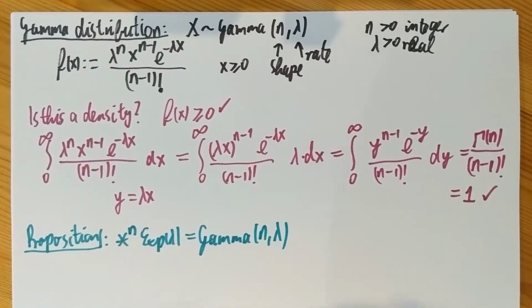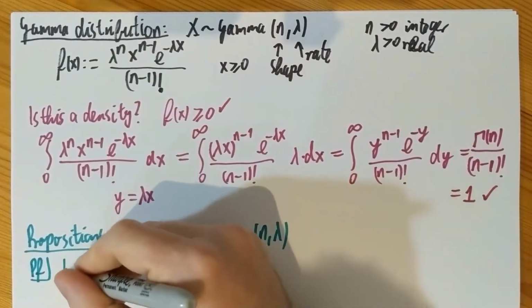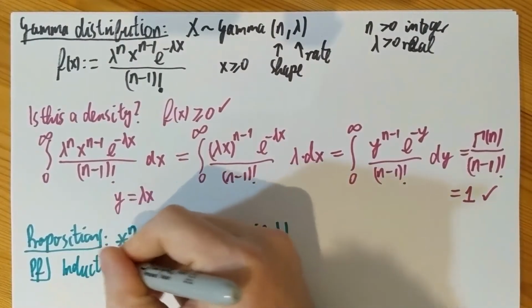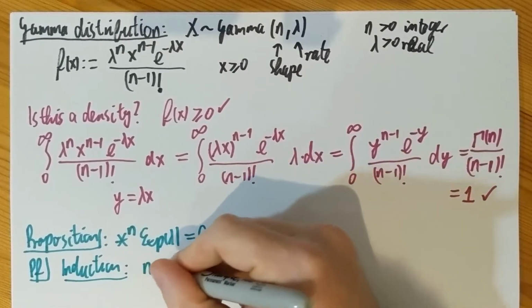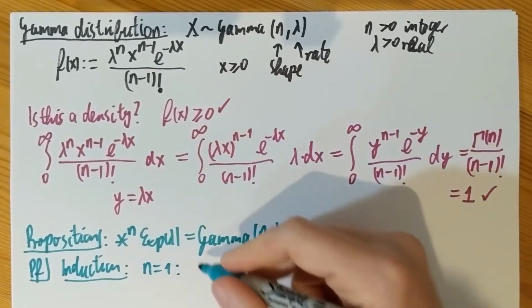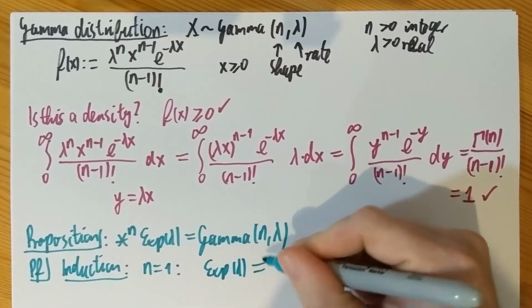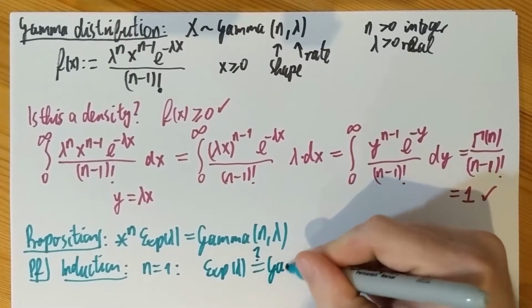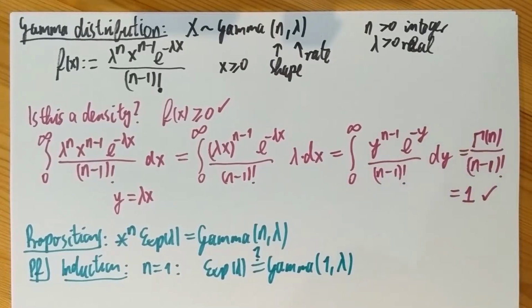Okay, so let's prove this. To prove this, we're going to do induction. And so we're going to start with n equals 1. Now the one-fold convolution of something is just the thing itself. Is it true that exponential lambda is gamma of n equals 1 and lambda?